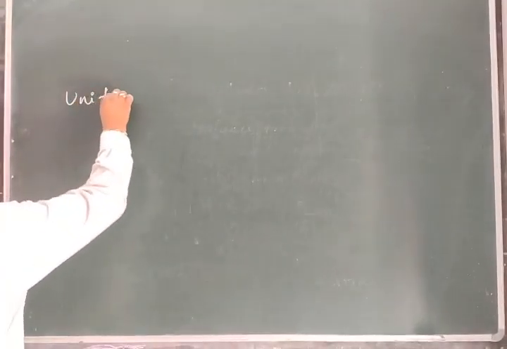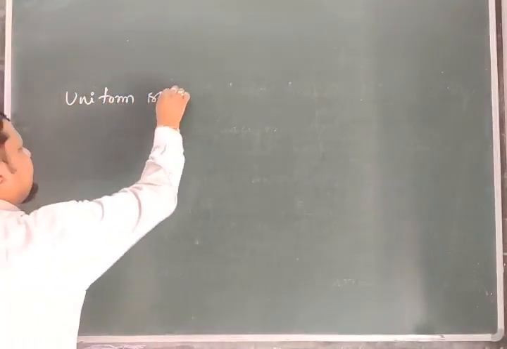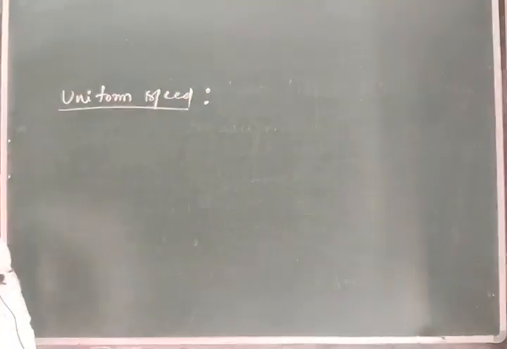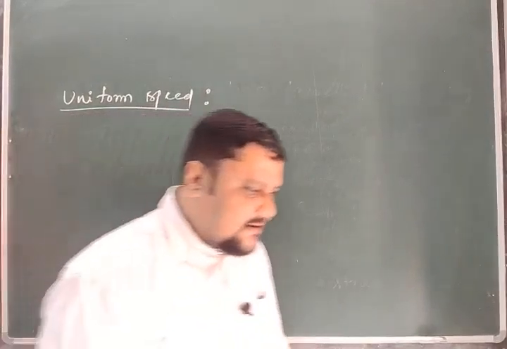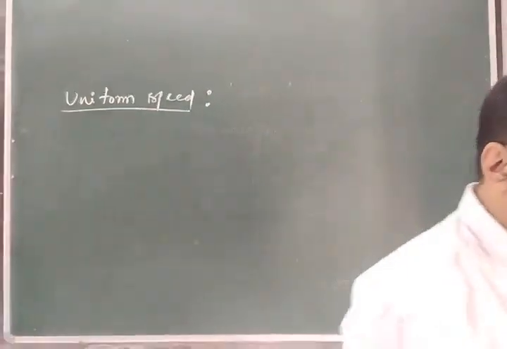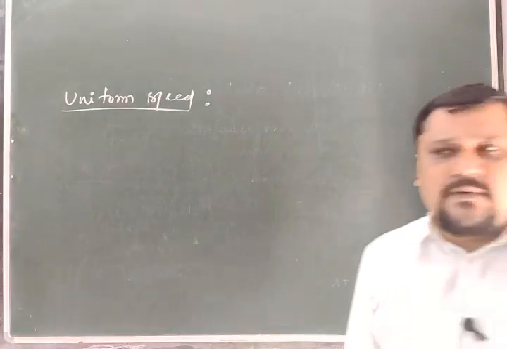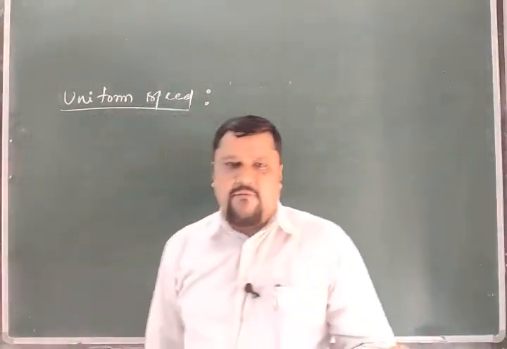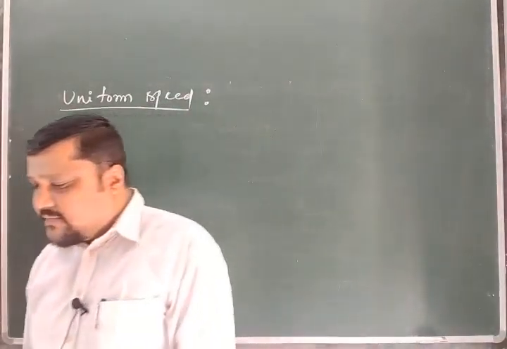One is called the uniform speed. What is this uniform speed? Anything that has a form is called uniform. So uni means a unique form, that is the uniform speed.